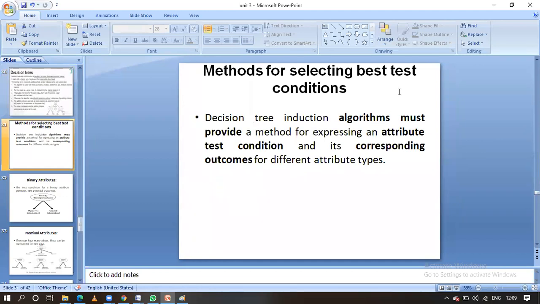While selecting the attributes as a root node or internal node, we will have different conditions, guys, for selecting the best one as the root. How each one has to be selected will be based on the corresponding output from the attribute, guys.